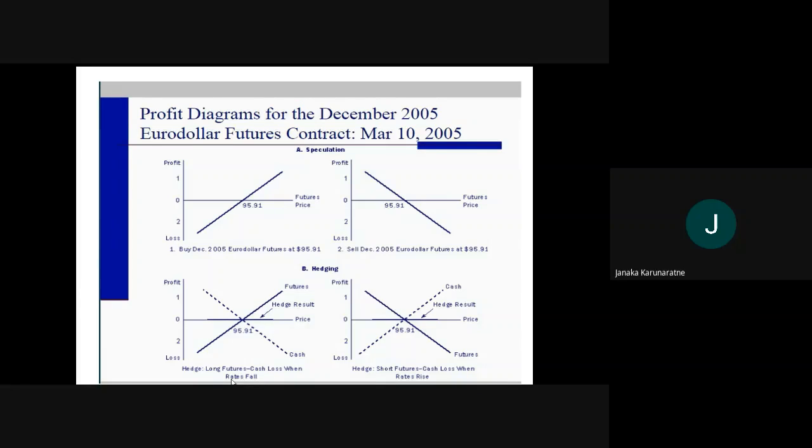Okay. As a banker, let's say you want to borrow in maybe 6 months' time. So what is the risk you see for you? Now you want to borrow 10 million rupees in 6 months' time. So what is the risk you see?